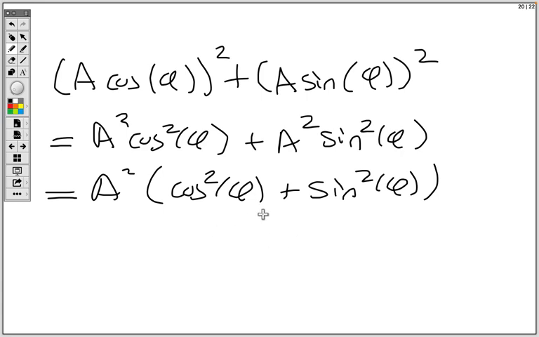And cosine squared of phi plus sine squared of phi, regardless of what phi is, that's always going to be what? Yep, that's always 1. So that's going to be A squared.